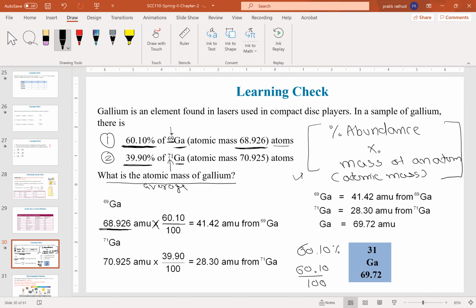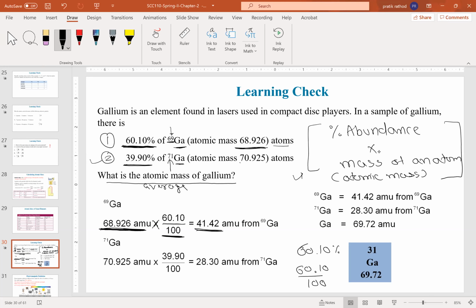Right? So what we did, we just used the atomic mass, multiplied by its percentage abundance, and did the math. So we got this number, 41.42. Now, because there are 2 isotopes, we are going to do the same math for the second isotope.